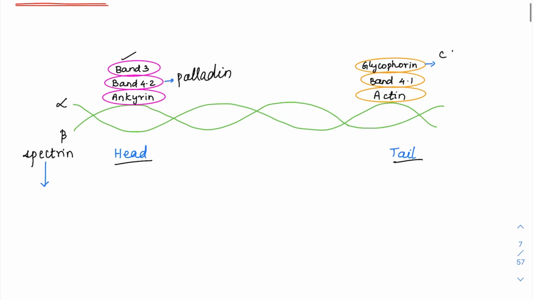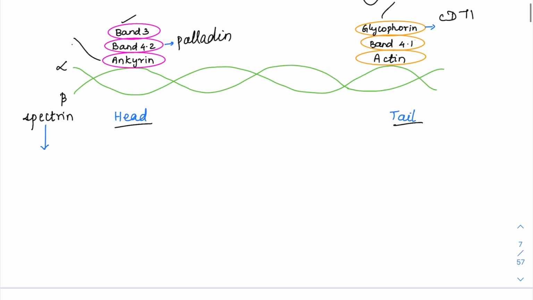This glycophorin is the CD71, and this is the most abundant protein in the RBC membrane. So the most abundant protein will be glycophorin, while this ankyrin which we see here at the head end, right? This is the most commonly mutated protein in hereditary spherocytosis. Hereditary spherocytosis is a hemolytic anemia. In that, the ankyrin protein is the one which is most commonly mutated.